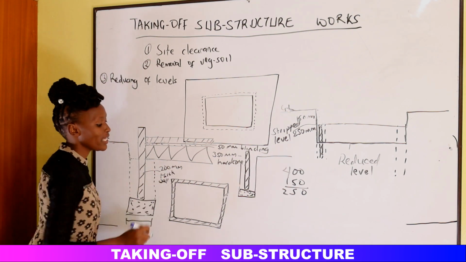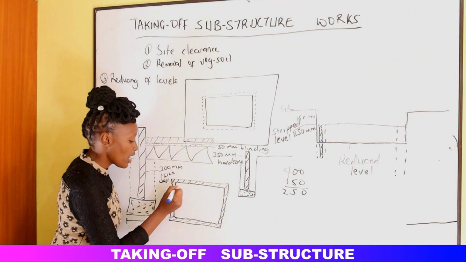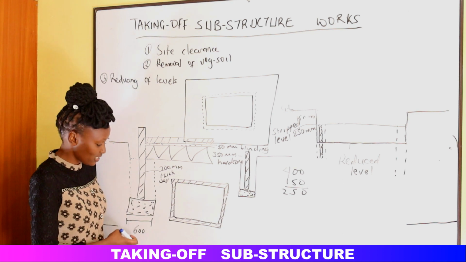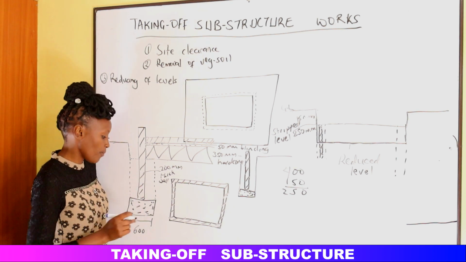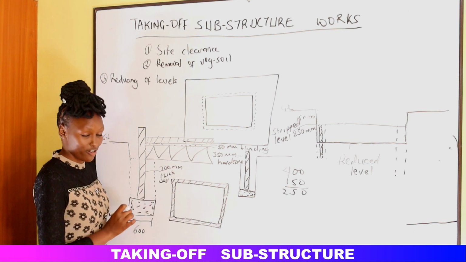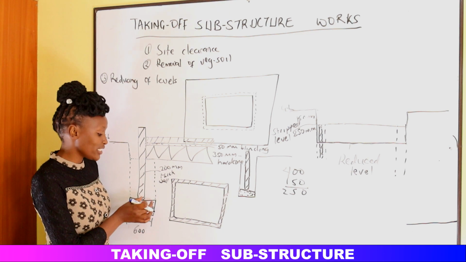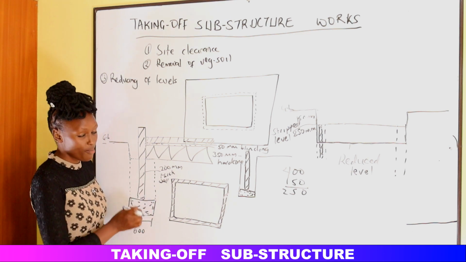Alright? So, let us sketch the trench in the drawing. If we take 600, we deduct 200. 600 deduct 200, it's 400. 400 divided by 2: 200 for this side, 200 for this side. So the trench goes inside by 200 and it goes outside by 200.